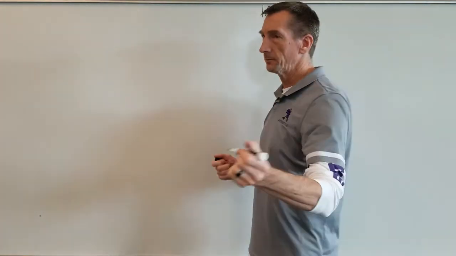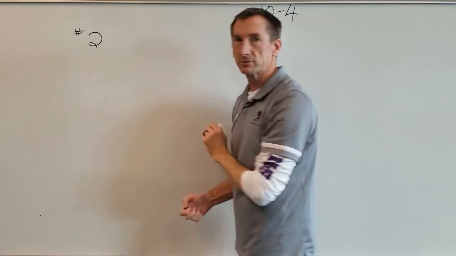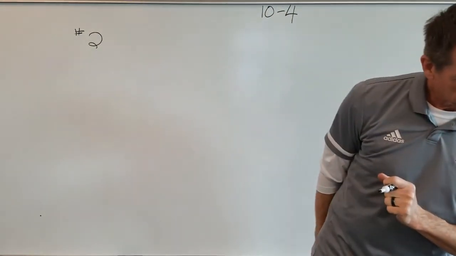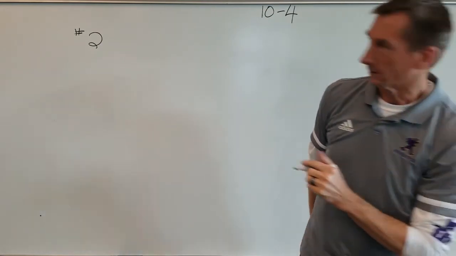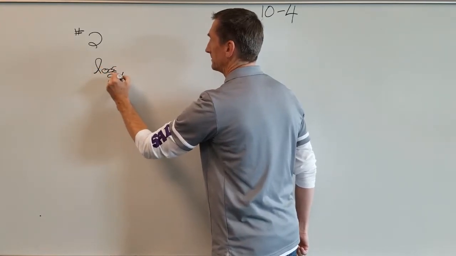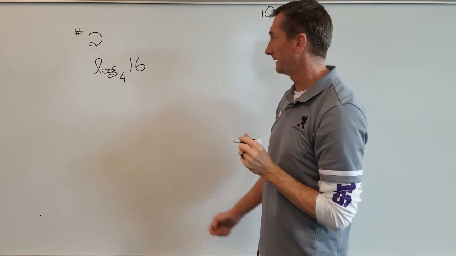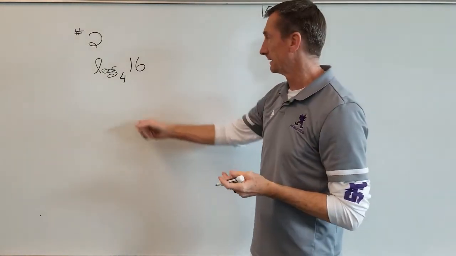Okay, here we go. Number 2 in your written exercises in 10-4 says I need to simplify log base 4 of 16. To simplify that, I just get into the exponential mindset.